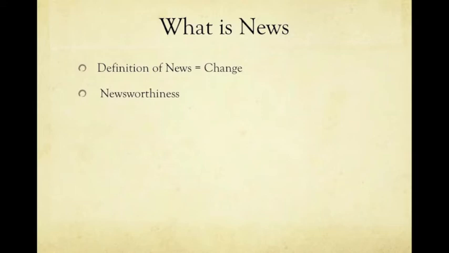So rarity plays into what news is. So the headlines are also shaped by gatekeepers, including journalists and editors, and their values and what they bring to the news. So news is change, and newsworthiness involves proximity, prominence, timeliness, consequence, and rarity. And the information that we get is through a filter of people who work in the news media.